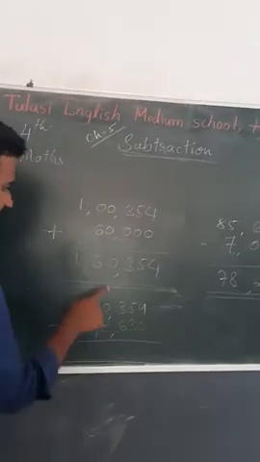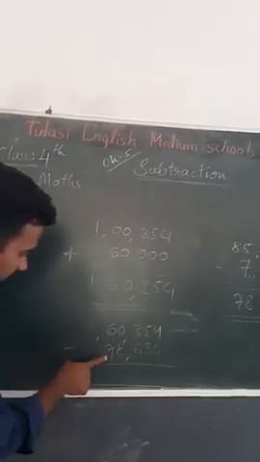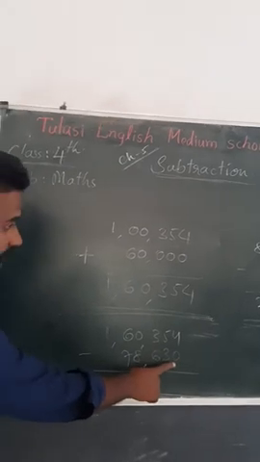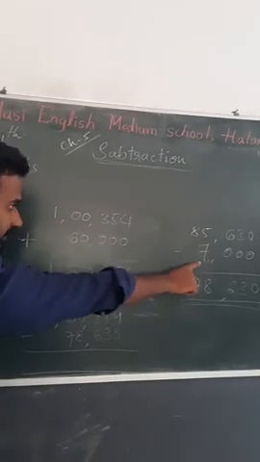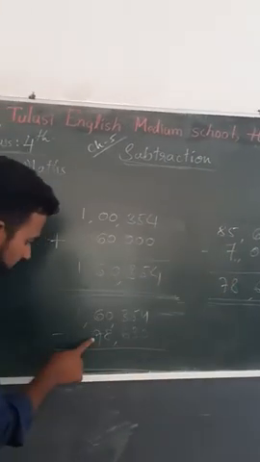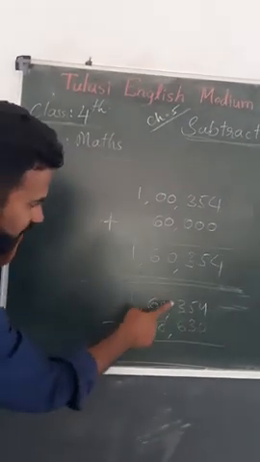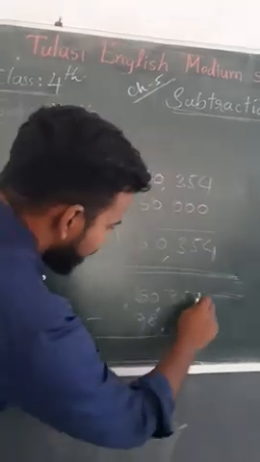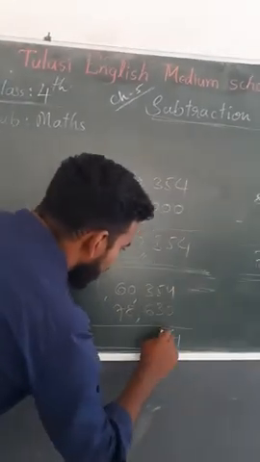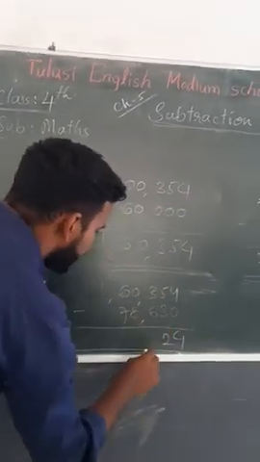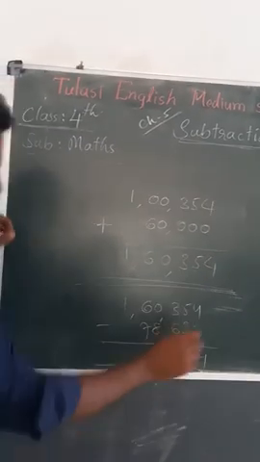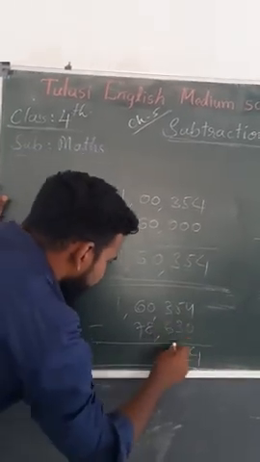So we have to subtract 78,630. We got this when we subtract this from this. So we have to subtract this number from the sum of these two numbers. That is 1,60,354. We will get 34 minus 7.